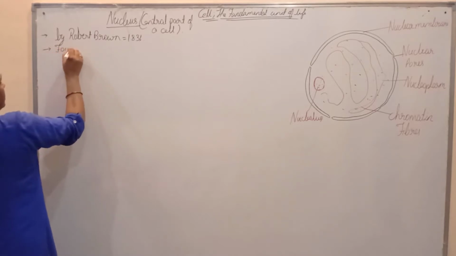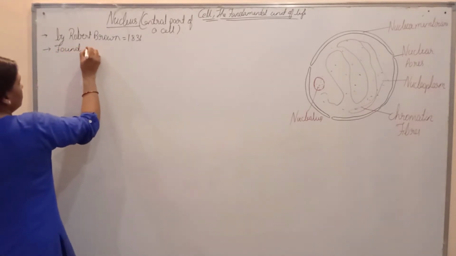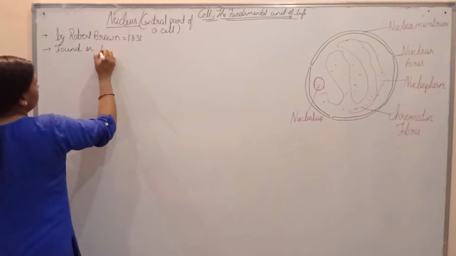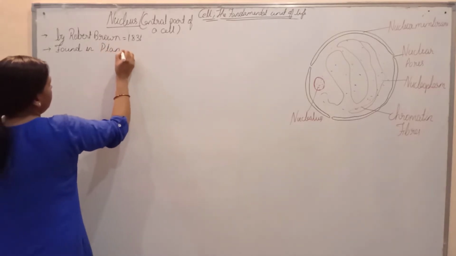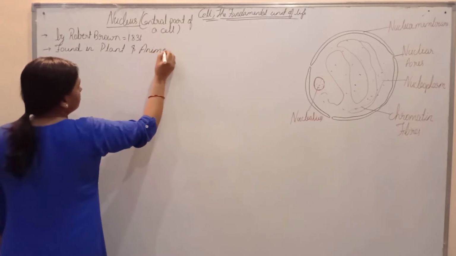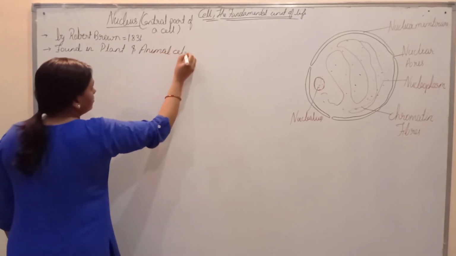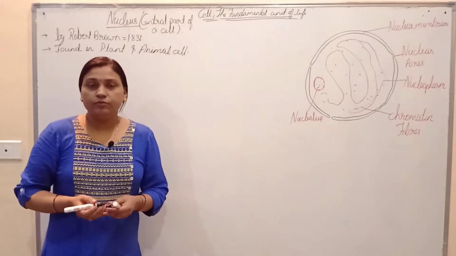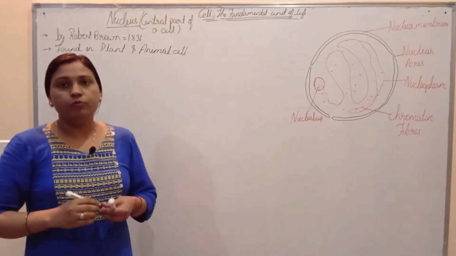It is found in both types of cells, plant and animal cells. The only difference is that of location.